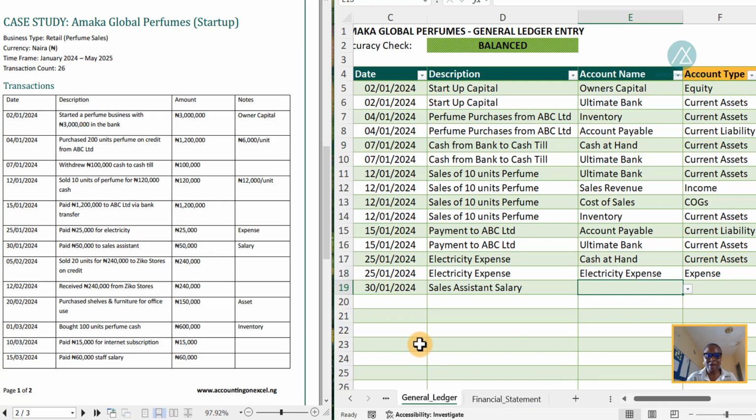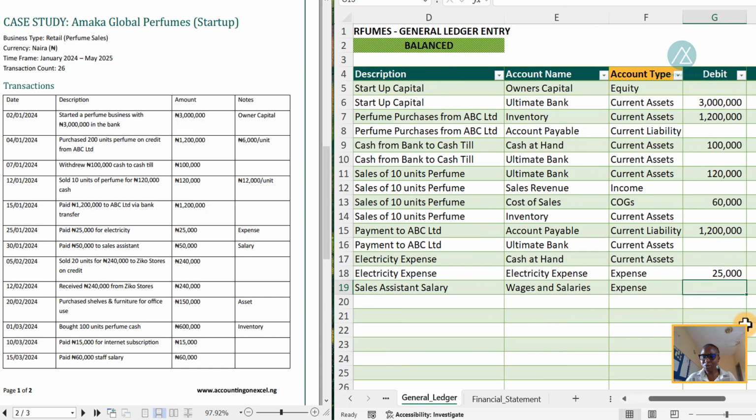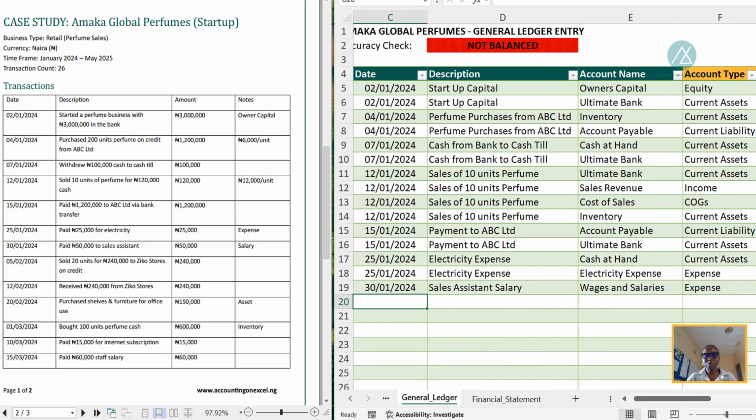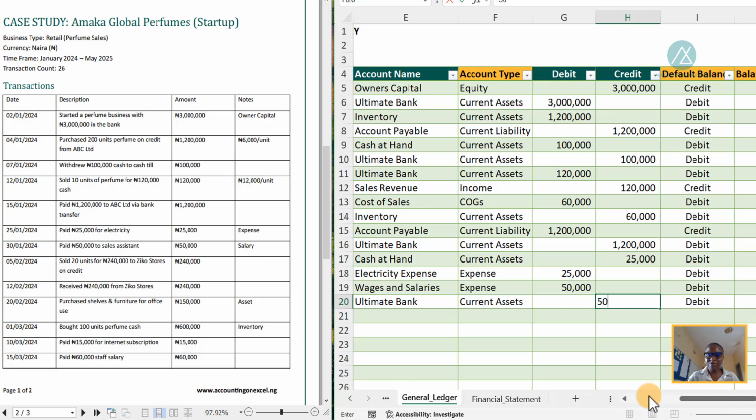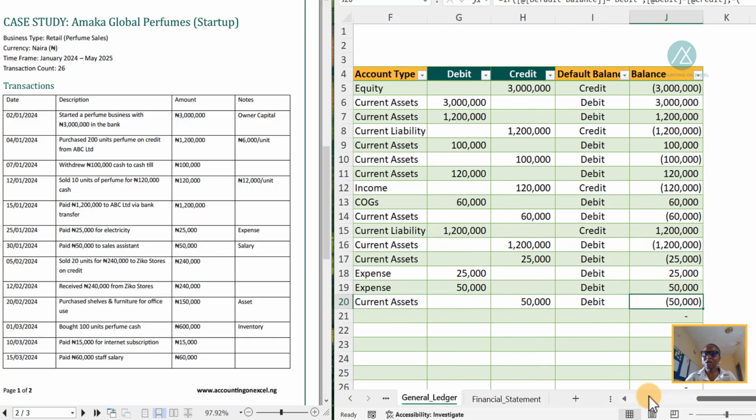So the salary is an expense. So we'll start with the salary expense. Wages and salary. So we have wages and salary here. So we paid 50,000. Then we would credit our bank. It's the ultimate bank. Ultimate bank will be credit because money is leaving that account, 50,000. Right. So that's the entry.